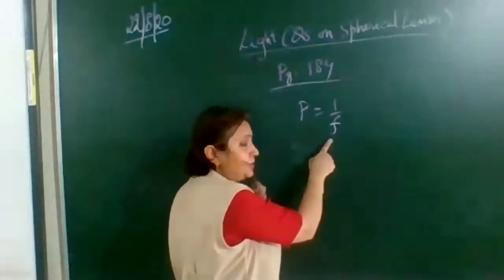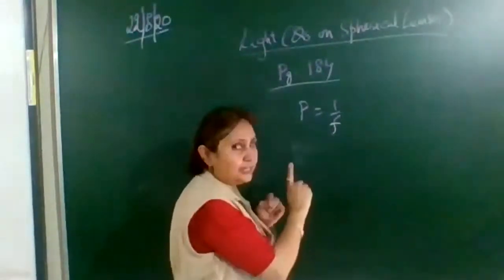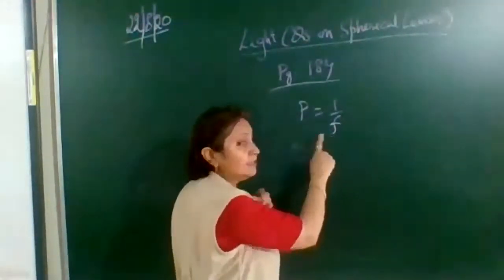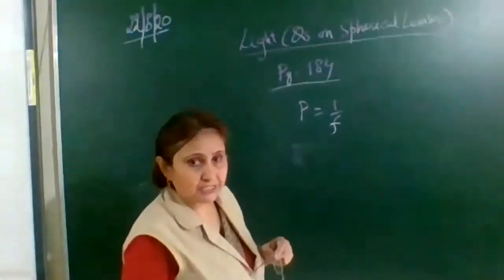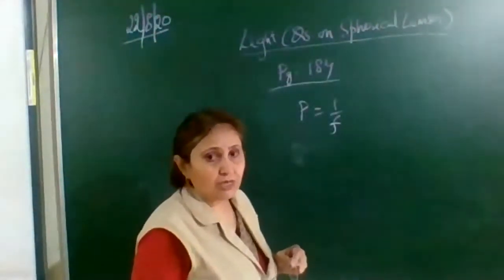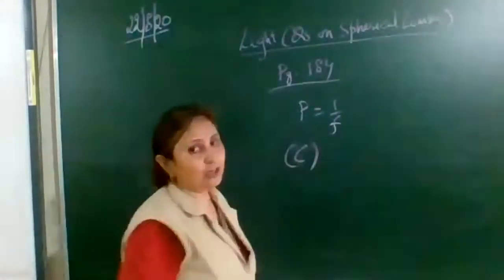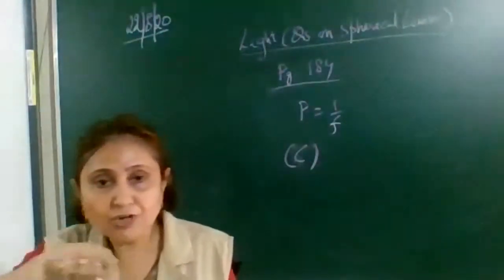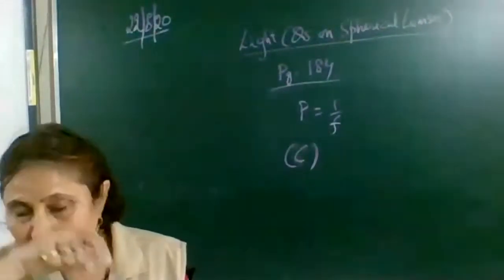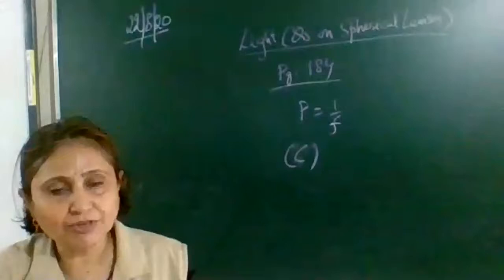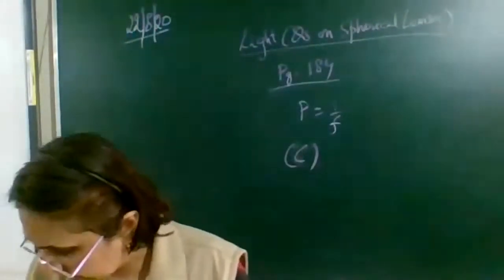For power to be more, the focal length should be less. And 50 centimeters we cannot use. Which one? The convex lens which has a focal length of 5 centimeters. Its power will be more and it will magnify more. So that is why the C option is correct, in which the focal length of the convex lens is smaller than in the A part. The less the focal length, the more will be its power and a more magnified image can be seen. So C option is correct.